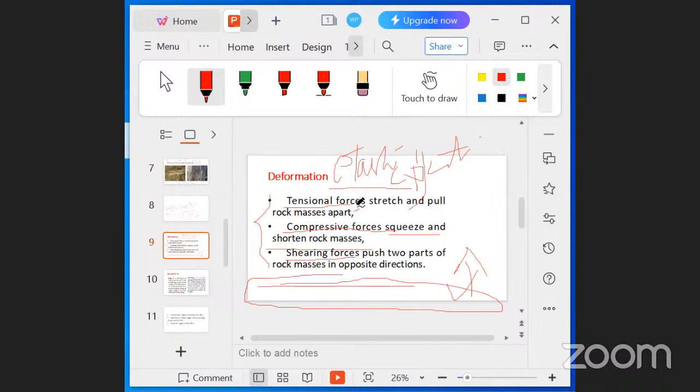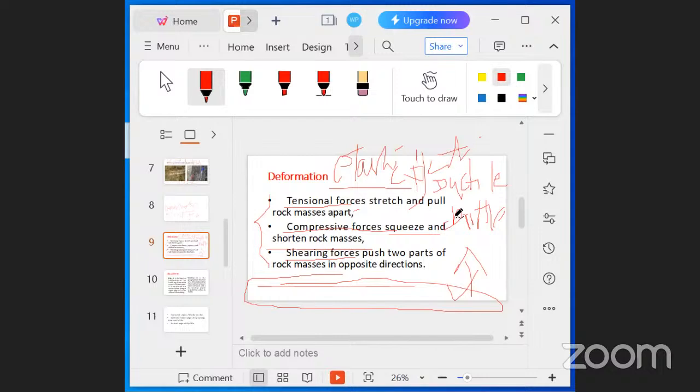Some examples are ductile and brittle. Ductile, D-U-C-T-I-L-E, and brittle, B-R-I-T-T-L-E. These are two commonly used terms by structural geologists.